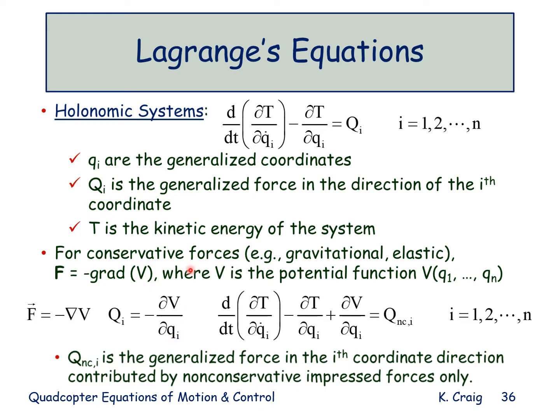And so the Lagrange equation for holonomic systems is written in a form that we most often use, which says that the derivative with respect to time of the partial derivative of the kinetic energy of the system with respect to the derivative of the generalized coordinate, minus the partial derivative of the kinetic energy with respect to the generalized coordinate, plus the partial derivative of V, the potential function, with respect to the generalized coordinate equals Q sub i non-conservative.